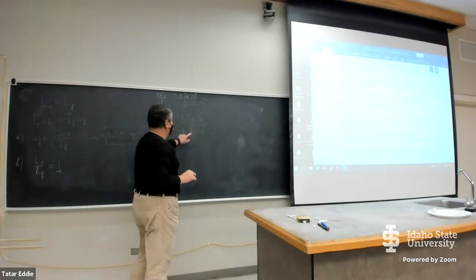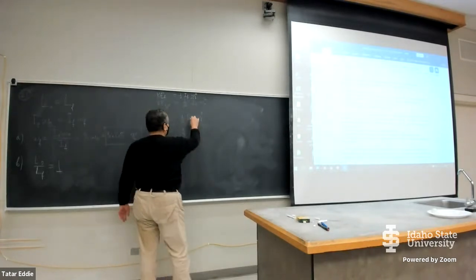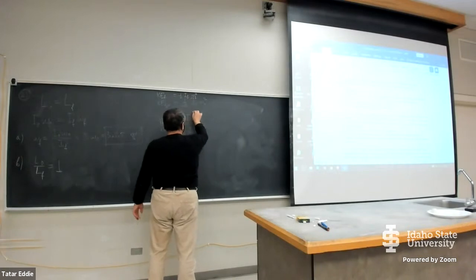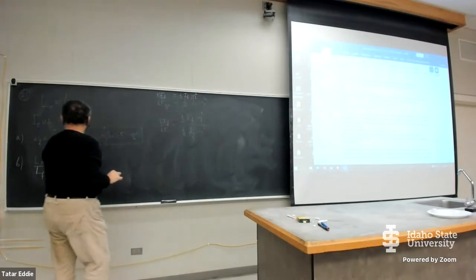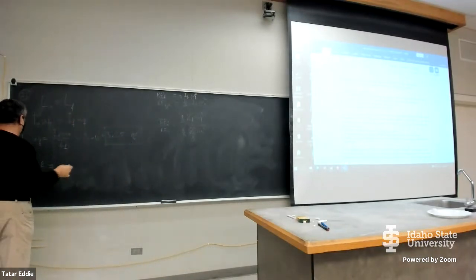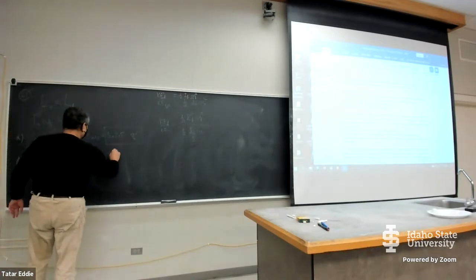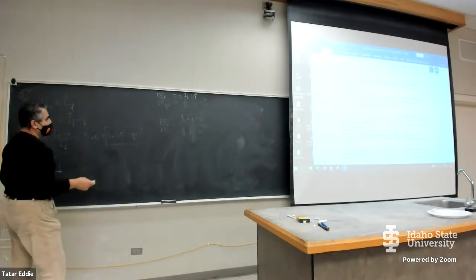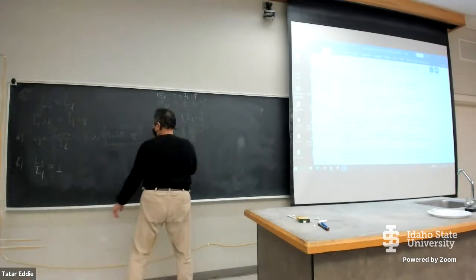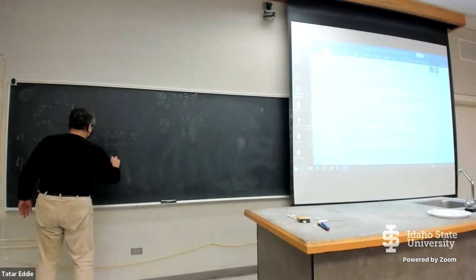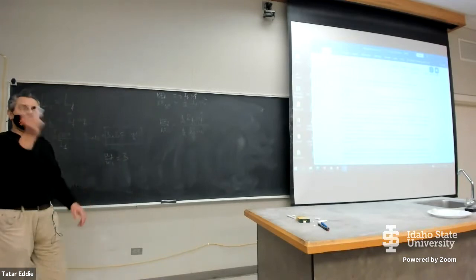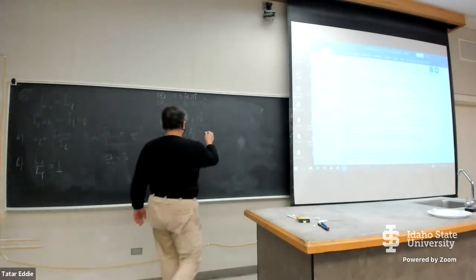Final to initial moment of inertia is 3 times smaller, so this is 1/3. And look here, omega final divided by omega initial is equal to 3. So you're spinning 3 times faster, and look what happens now.